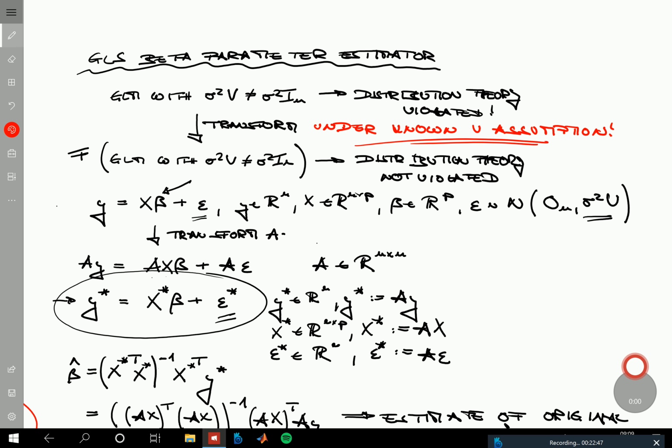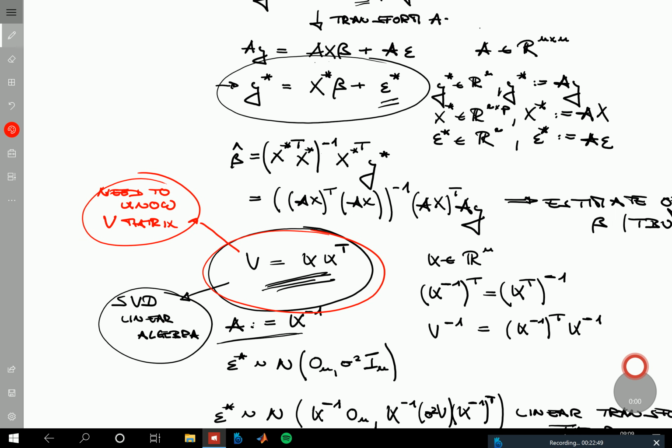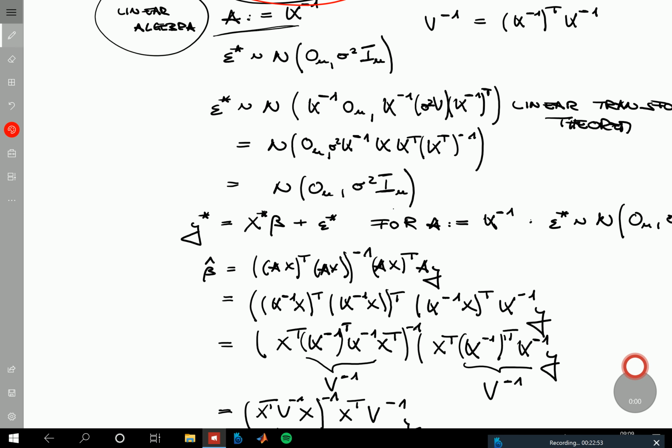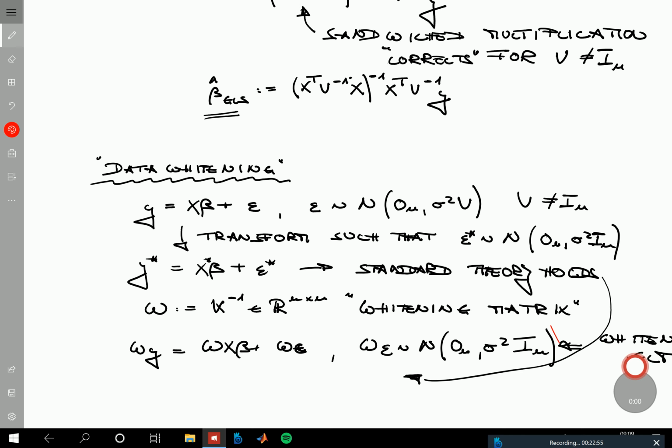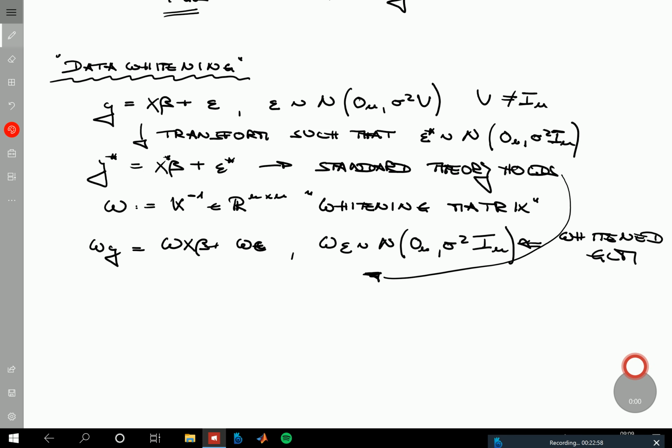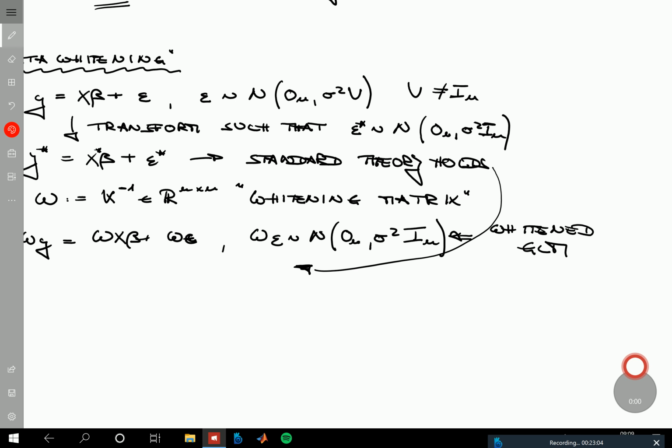And if we know V, then we can apply all of this, and we can get to a transformed GLM where we can apply our standard GLM theory. So again here, this holds for known V, because V is KK transpose.